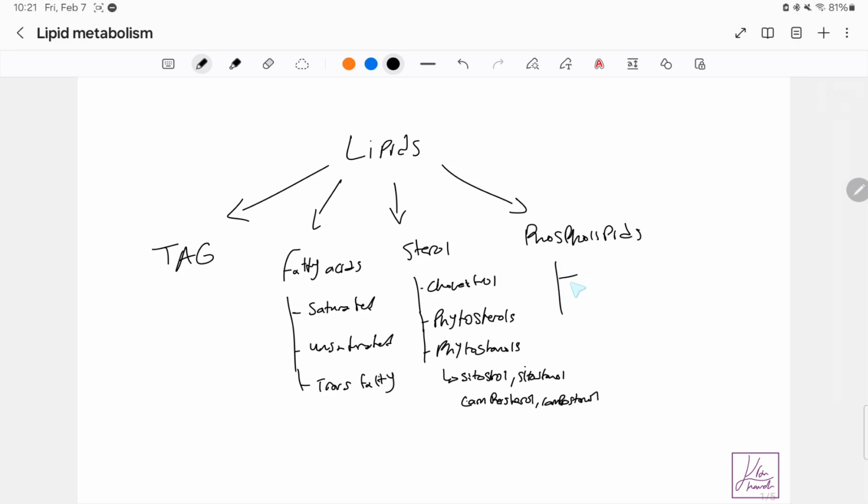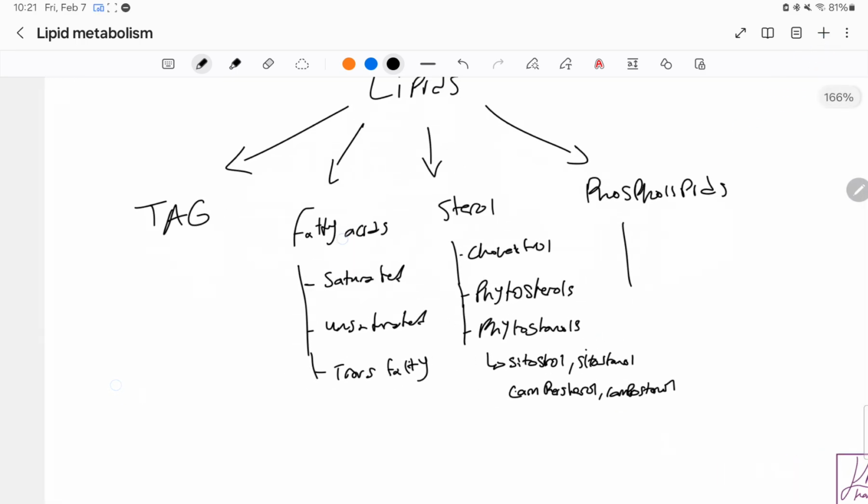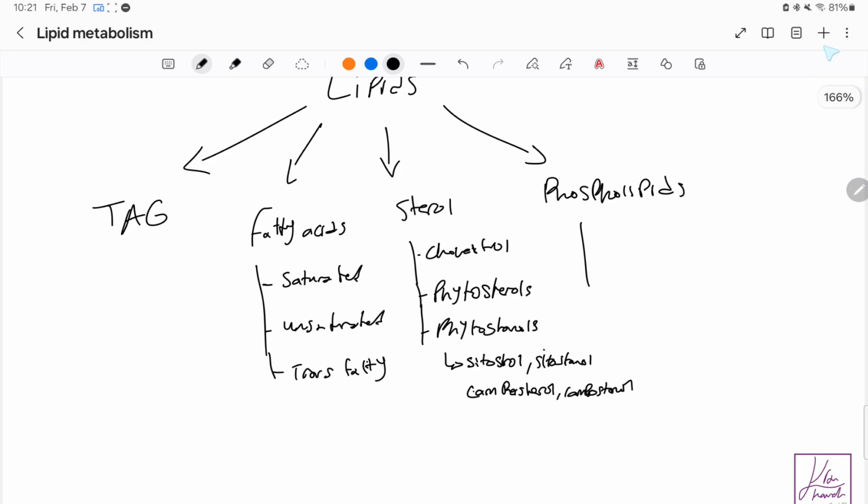With phospholipids, these can vary so much. I'm not going to write it here, but we'll talk about it more as we get through the video. The thing with triacylglycerols that I do want you to know is that you can abundantly find them in your white adipose tissue, or your subcutaneous fat, and they're there as a source of insulation and energy storage.